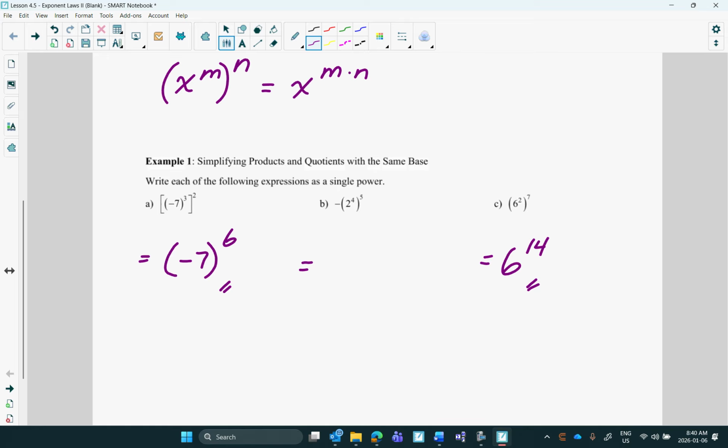So that means we do this and then put the negative on at the end. So I'm going to put negative, and what is this as a single power? 2 to the power of 20. And that's it. I stop there. No parentheses around the -2 because there were no parentheses around the original -2. So I'm done.